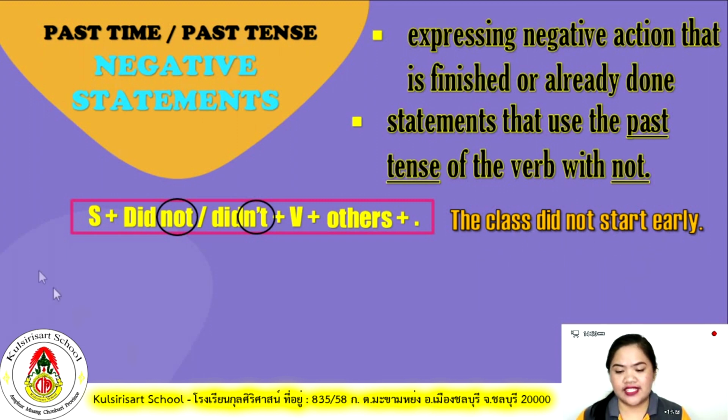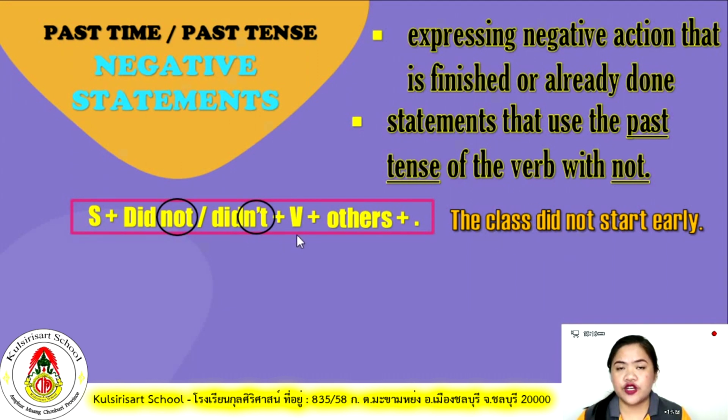As what you can see, it is following this pattern. Subject plus did not or didn't. It can be any of the two. Did not or didn't. But you should not use two. Only one among these two. Okay? Plus verb plus others. Okay, we have subject, the class. We follow this format. Next is did not.